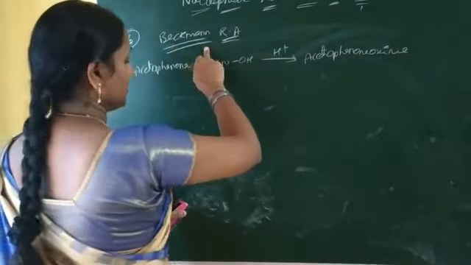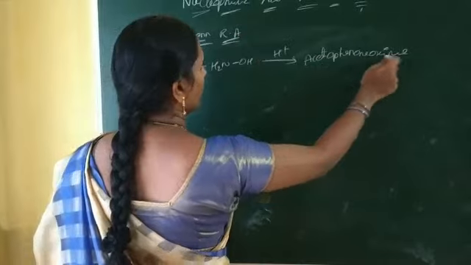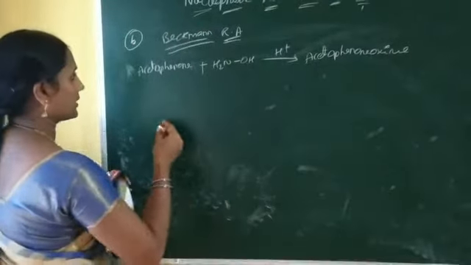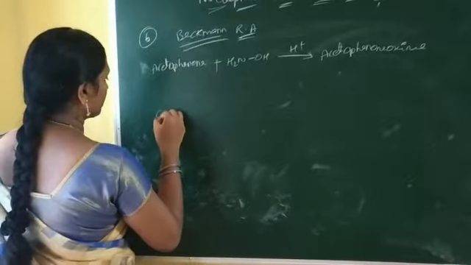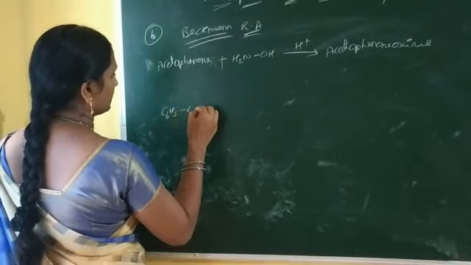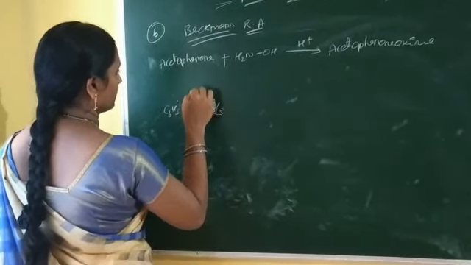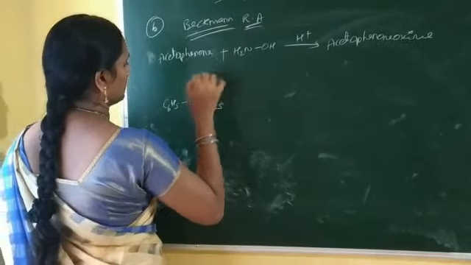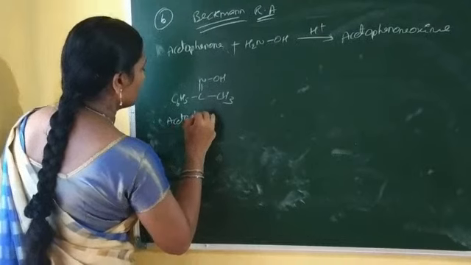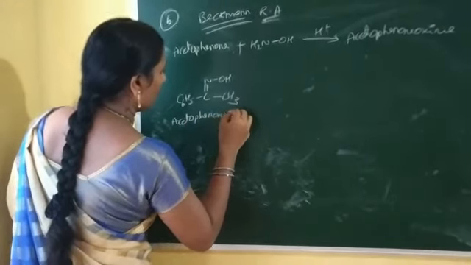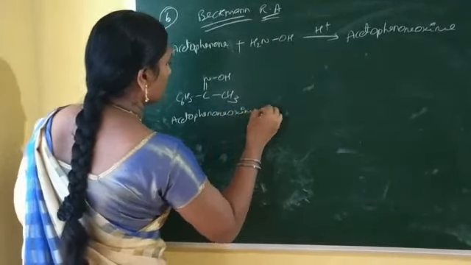In the Beckmann rearrangement, acetophenone oxime is acting as the reactant. Now this is the structure of acetophenone oxime.